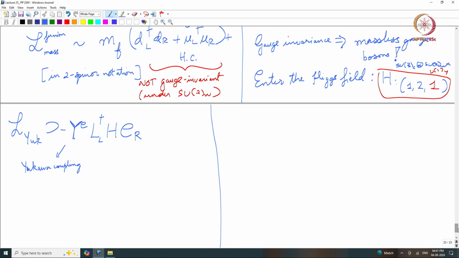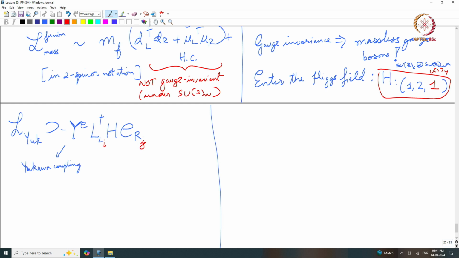Okay. What else are we missing here? One final thing we are missing here is the flavor index. Remember, there are three flavors, not three flavors, three generations, the generation index, right?